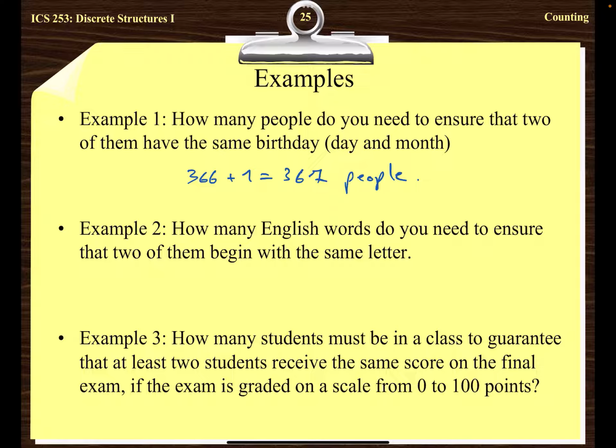But how many English words do you need to ensure that two of them begin with the same letter? How many English words do you need to have to make sure that at least two of these words begin with the same letter?